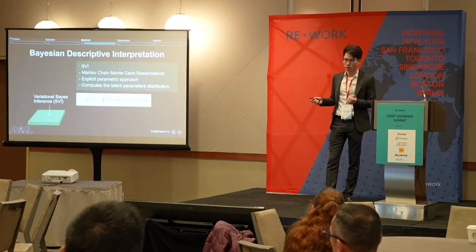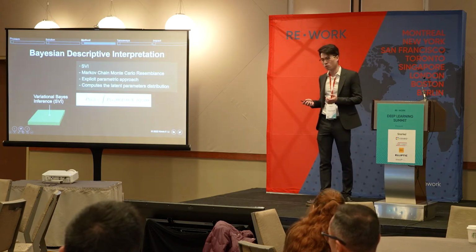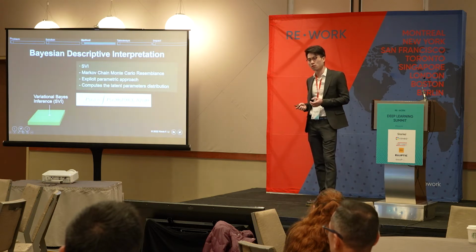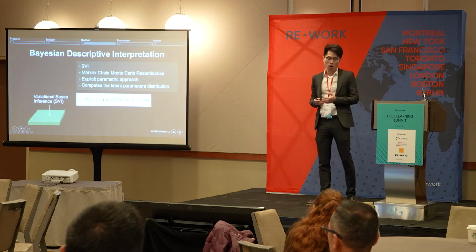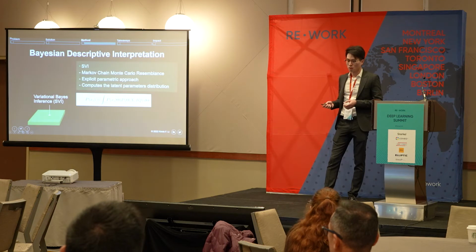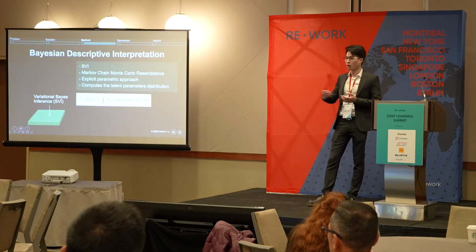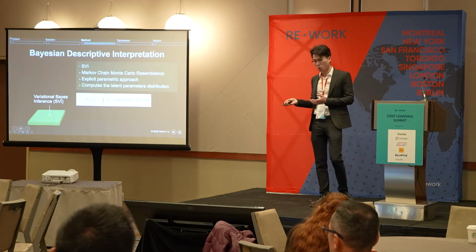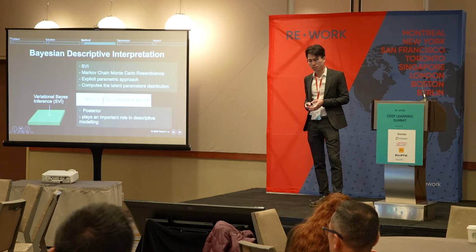MCMC and variational inference are the 2 most used approximation methods, and we need an approximation method to approximate the latent distribution. So far, only variational inference uses an explicit parametric approach. It can not only scale to very large datasets, but also compute the latent parameter distribution quickly. So we picked variational inference.